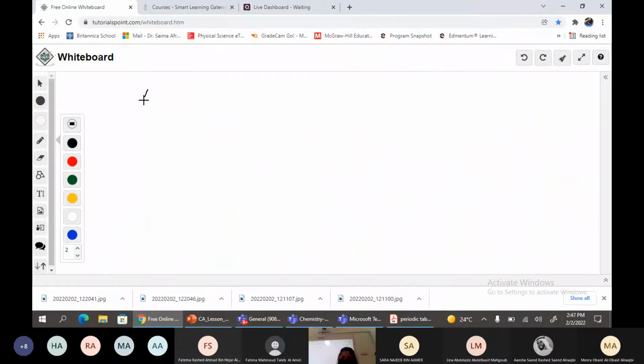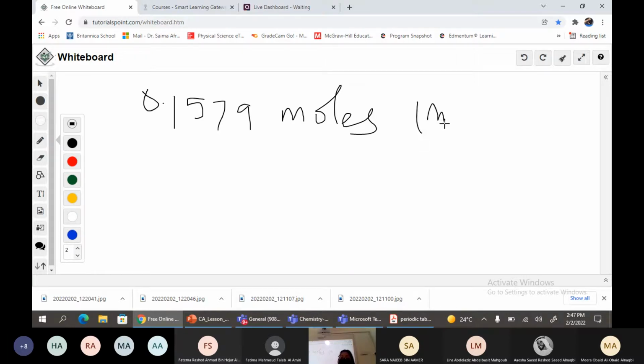So the moles we got from the first step is 0.1579 moles. In the second step, what are we converting? Moles to atoms.